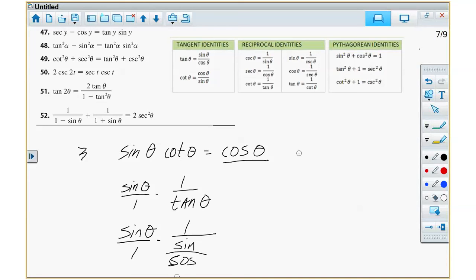Sine over the cosine. Now, anytime we divide by a fraction, we multiply by what? Reciprocal. So that'll be sine of theta over 1 times cosine over what? And what happens? And you get cosine.